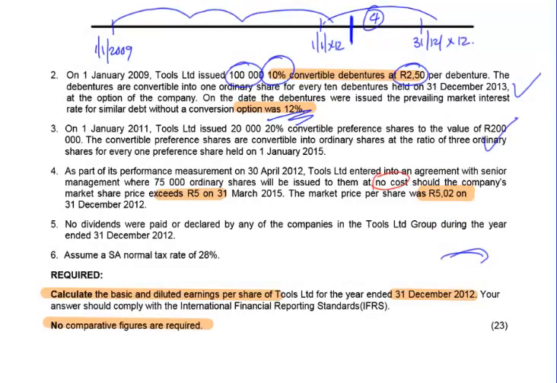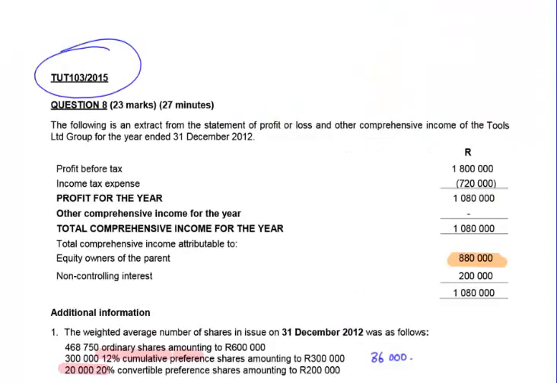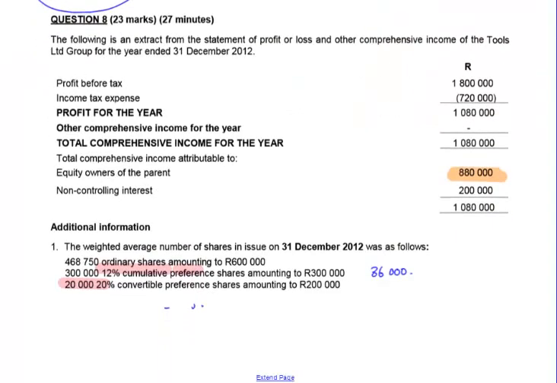No dividends were paid or declared by any of the companies during the year. So that means neither ordinary nor preference. Okay, so then I might just change this, because of the little rules, and I just want to recap those rules with you. If, for example, we've got cumulative prefs, it doesn't matter whether they're in arrears or not, you always take into account that dividend.